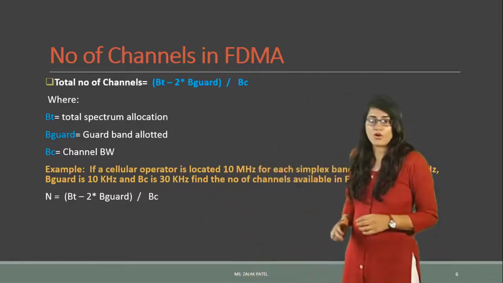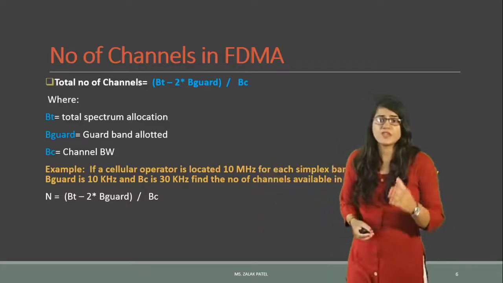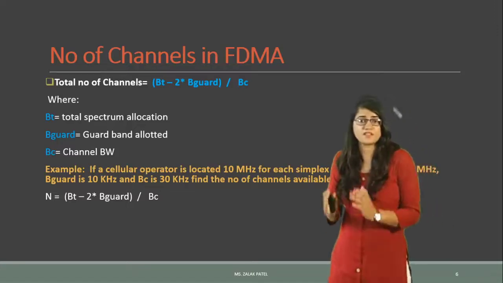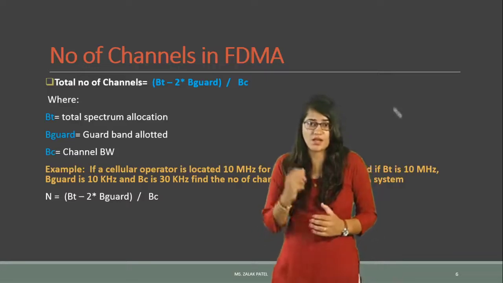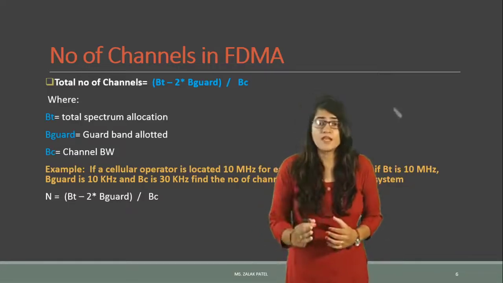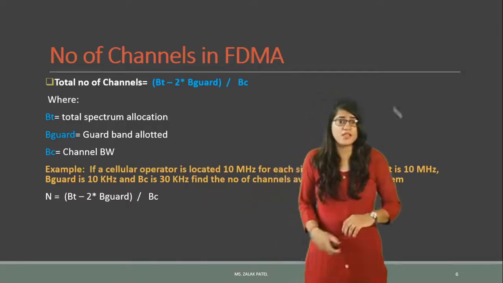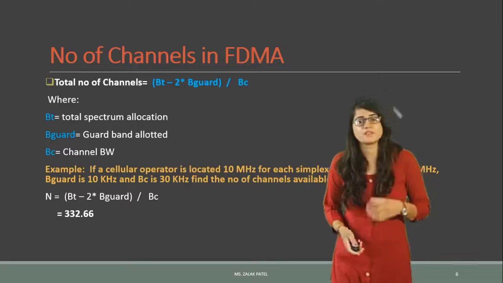Now according to this problem statement, let's put the values in it. The total bandwidth is 10 MHz, meaning 10 into 10 raised to 6. Guard band is 10 kHz, meaning 10 into 10 raised to 3, and channel bandwidth is 30 kHz, meaning 30 into 10 raised to 3. So let's put all of these in the equation, Bt minus 2 times guard band, divided by Bc.